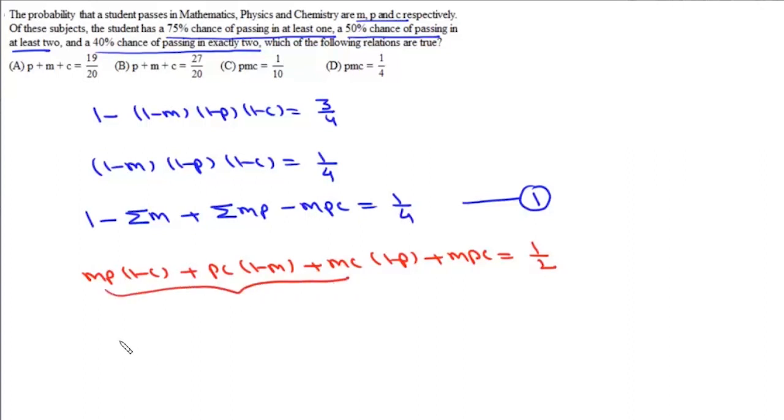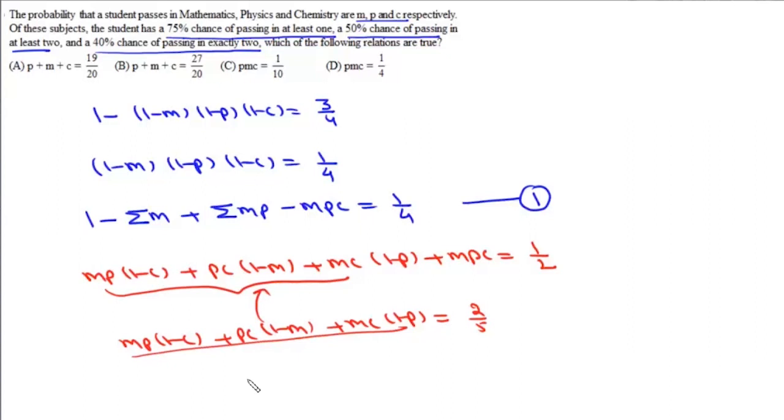So it will be MP(1 minus C), PC(1 minus M), MC(1 minus P), and this value is 40 by 100, which is 2 by 5. Now if we put this value in this second equation, we'll write M into P into C will be 1 by 2 minus 2 by 5, which is simply 1 by 10.